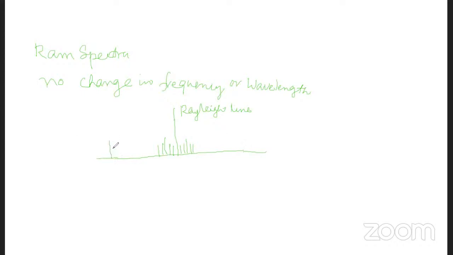So here, the lines which have lower frequencies are named Stokes lines, which have a lower frequency than the Rayleigh frequency.